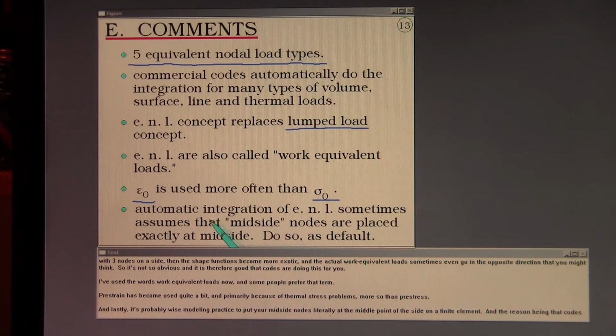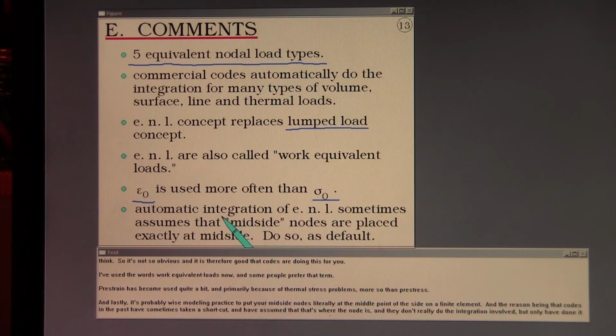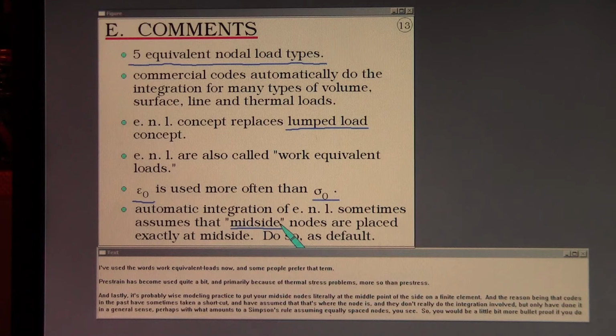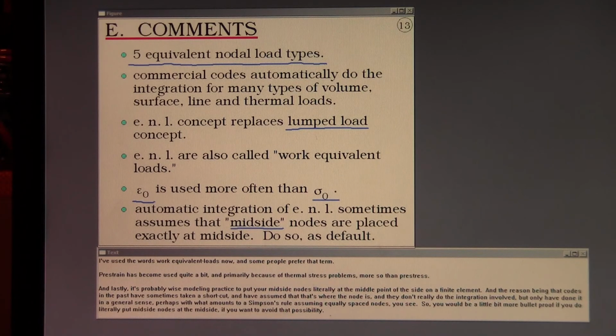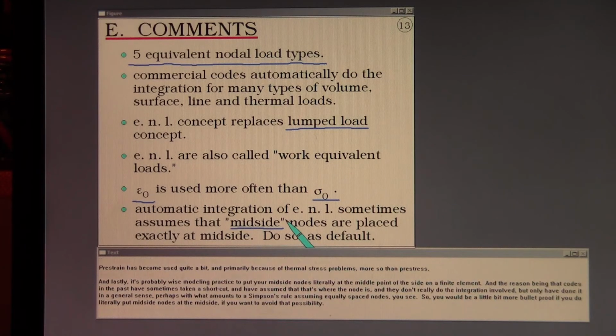And lastly, it's probably wise modeling practice to put your mid-side nodes literally at the middle point of a side on a finite element. The reason being that codes in the past have sometimes taken a shortcut and have assumed that that's where the node is, and they don't really do the integration involved, but only have done it in a general sense, perhaps with what amounts to a Simpson's rule, assuming equally spaced nodes, you see.